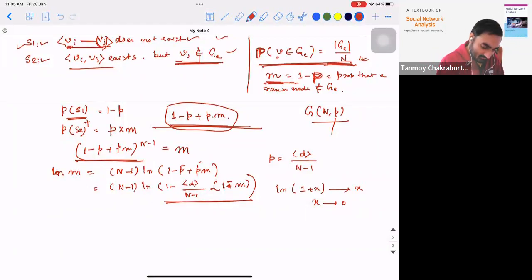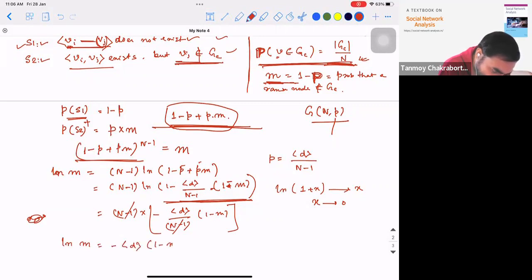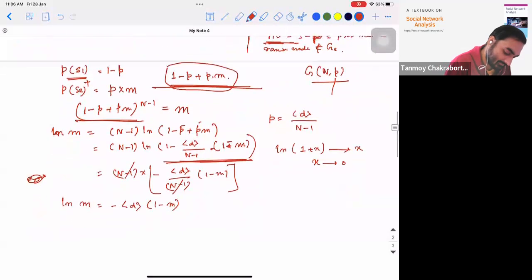So when this part tends to 0, we get n-1 times minus mod d by n-1, times 1 minus M. Now n-1 will cancel out, so you have log M equals minus mod d times 1 minus M. This is the equation now.